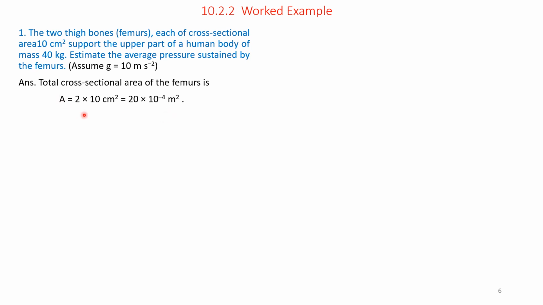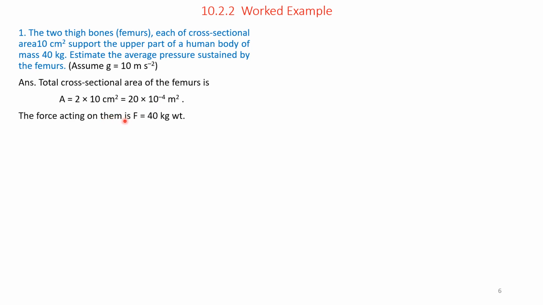This 2 is due to the two thigh bones. That is, each femur has a cross-section area of 10 square centimeters. Therefore, the area is 10 times 10 to the power of minus 4 square meters. So, we have converted square centimeters into square meters.